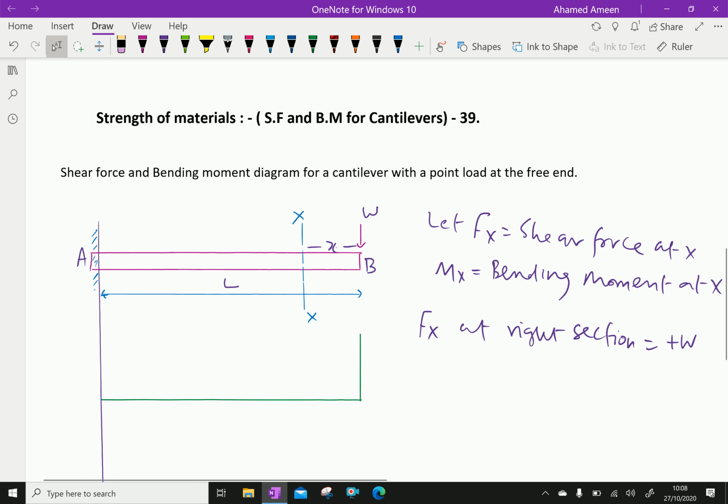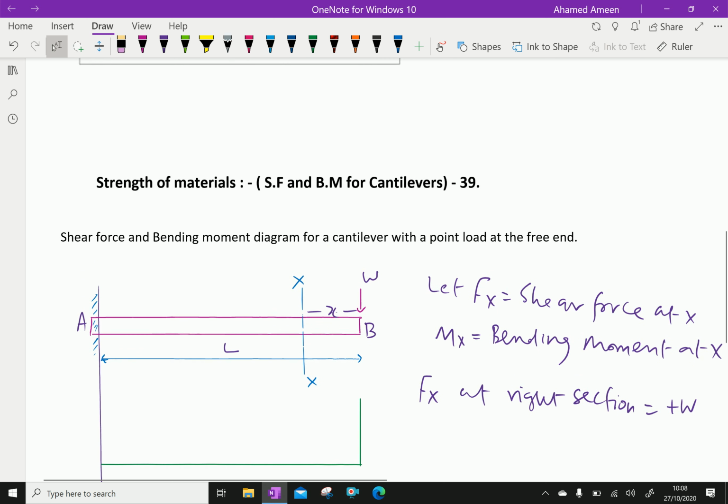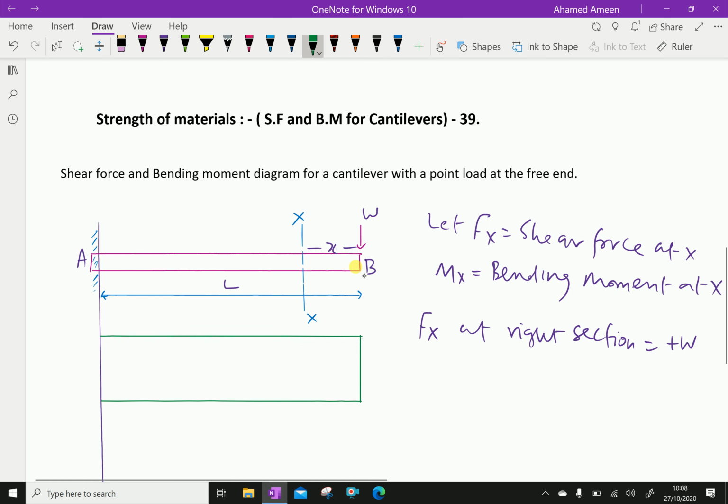So we have to draw a rectangle like this.